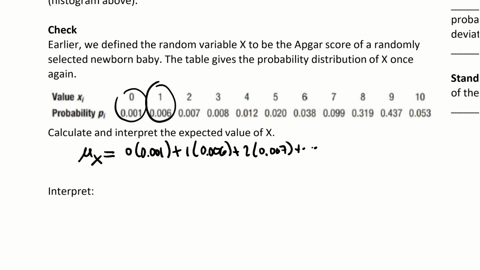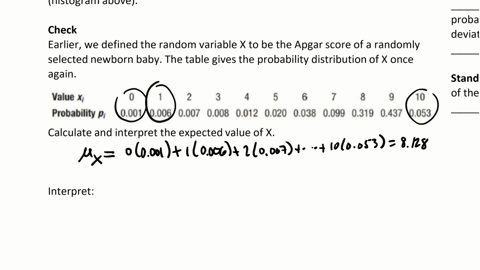We don't have to write all of them down, but I'm going to write the last one. The last one is 10 times 0.053. We can do that with a standard calculator, although it'll take some time. You get 8.128.